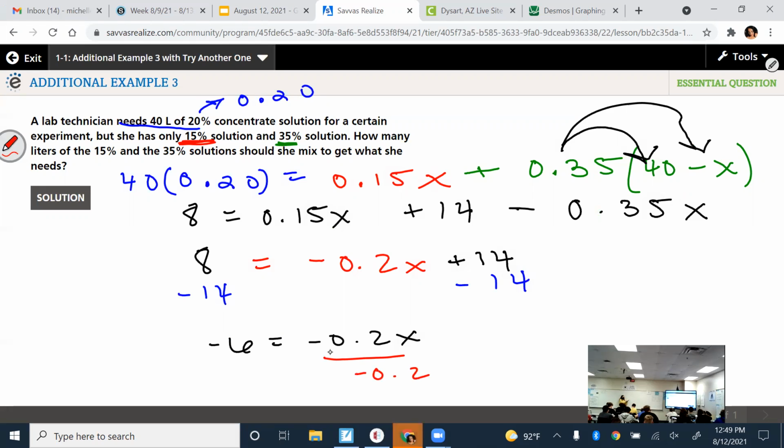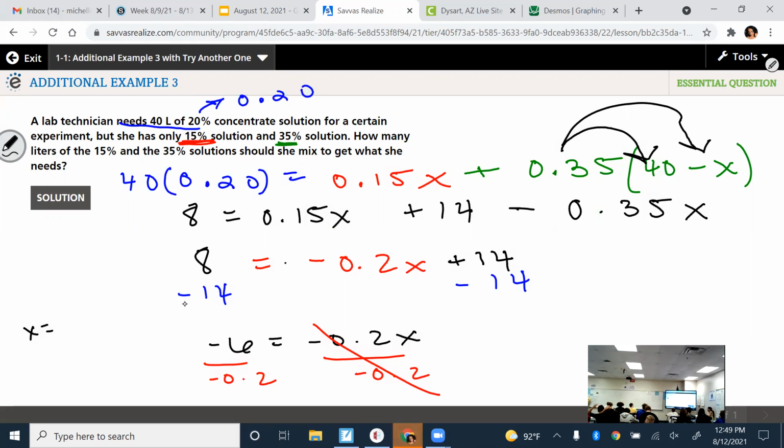Divide by negative 0.2 on each side. If you enter it in your calculator correctly, I don't expect you to do that by hand. Practice entering it on your Chromebook if you don't have a calculator.